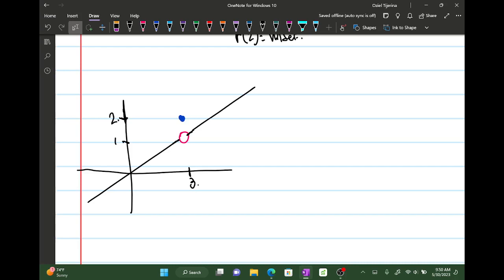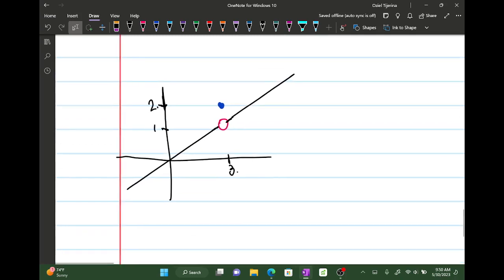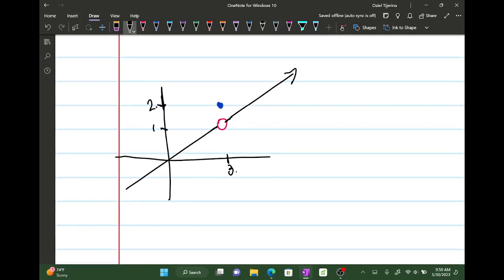Okay, so what I want to go over in this example specifically, because this is a little bit different than the previous one, is that obviously looking at this line here, we know that at x equals 3 there's a hole. Really this point is undefined.